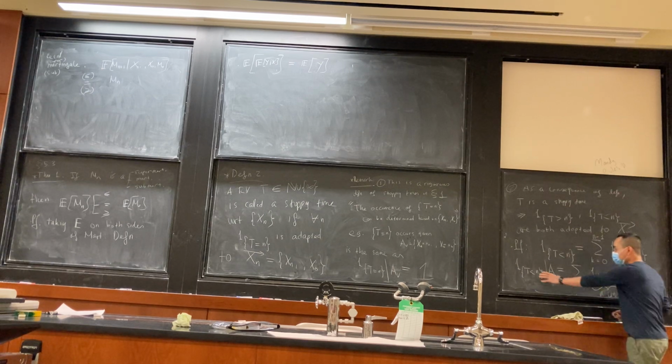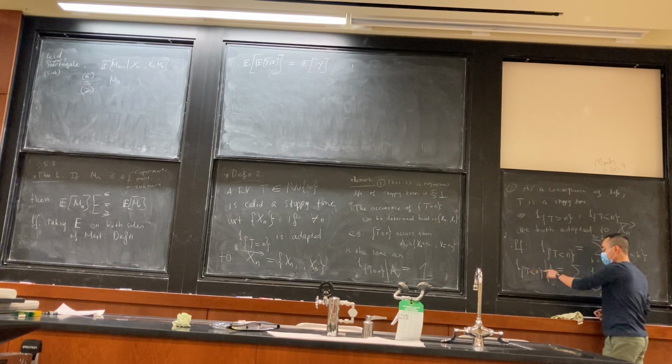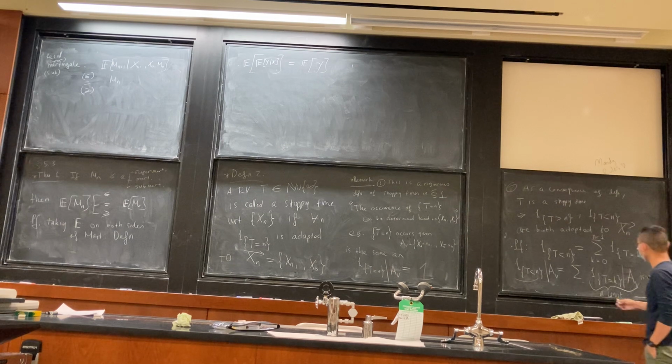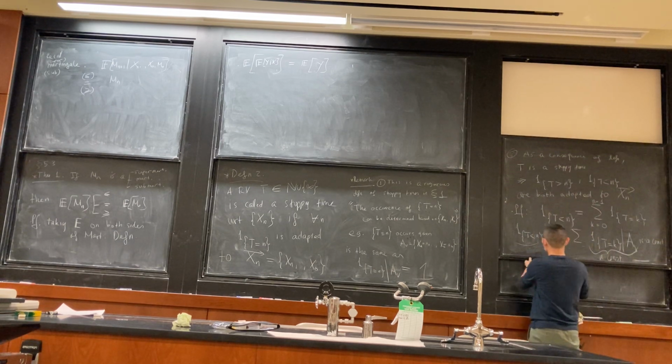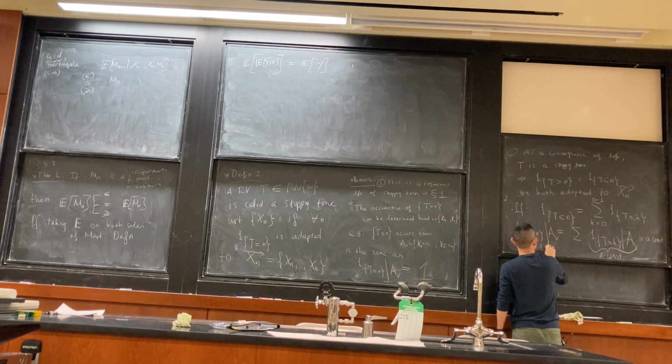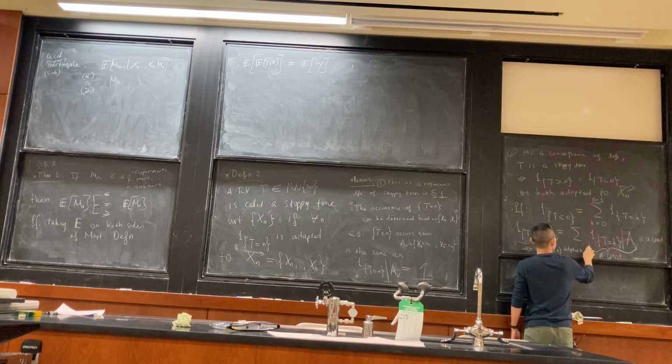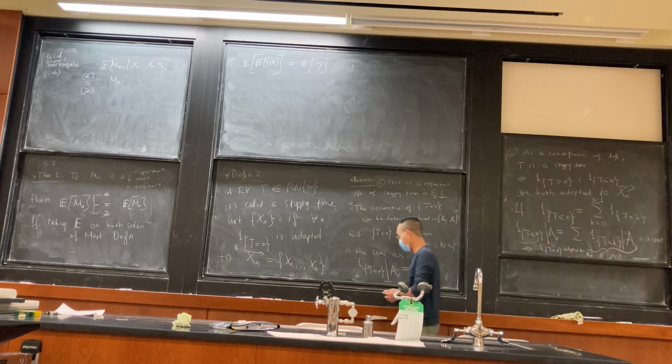In other words, this random variable conditioned on the past is a constant, so the indicator of T less than n is adapted to the past.